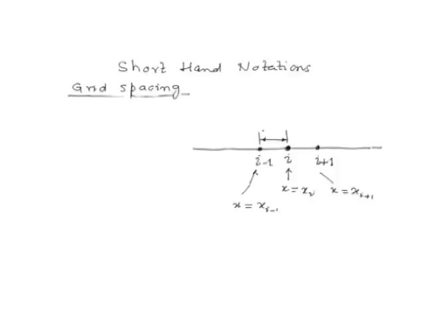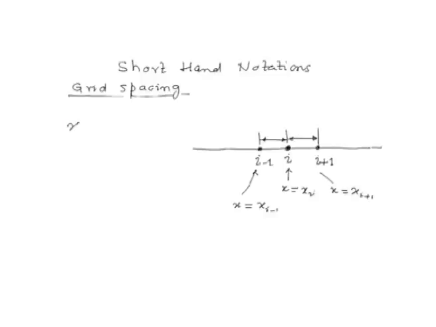Now, how do we represent these spacings? We use a symbol capital delta to denote the difference between these.